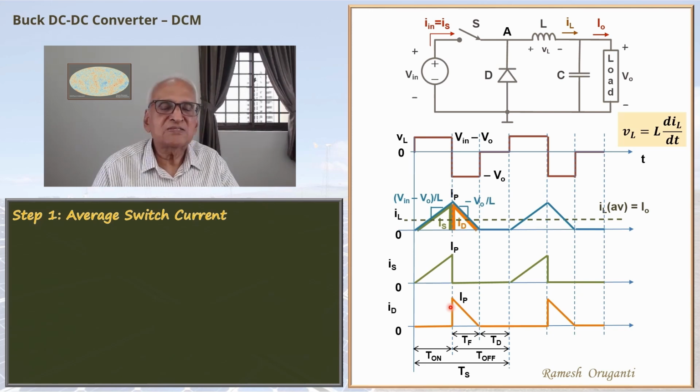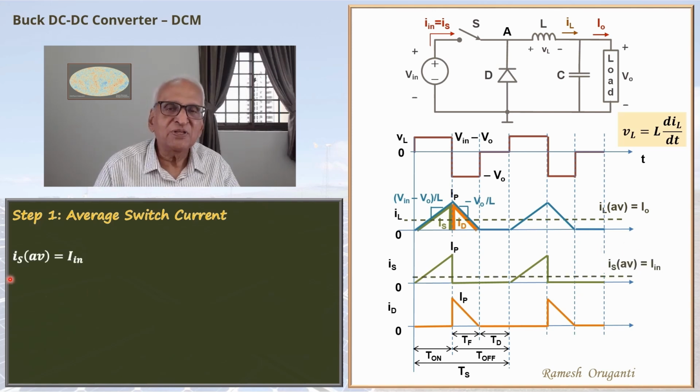The average of the switch current is the input DC current. I can determine the average by integrating the switch current over a period and then dividing it by Ts. That is taking the area AS and then dividing that area by Ts.